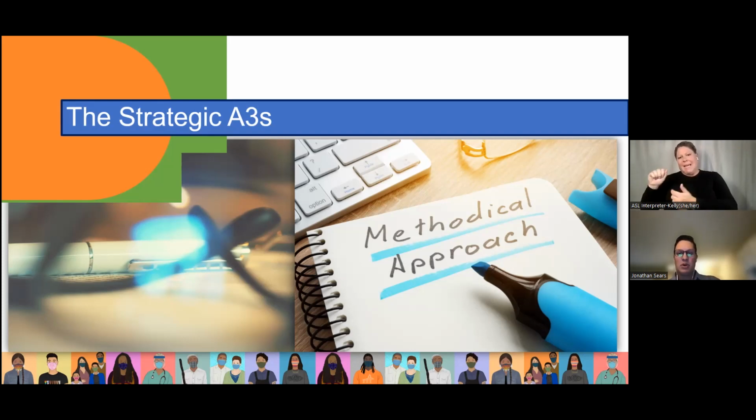The final component is a process that we call catchball. Catchball is a process of sharing your problem with key staff and stakeholders so that you can gather input, feedback, and receive coaching to improve your problem-solving process over time.